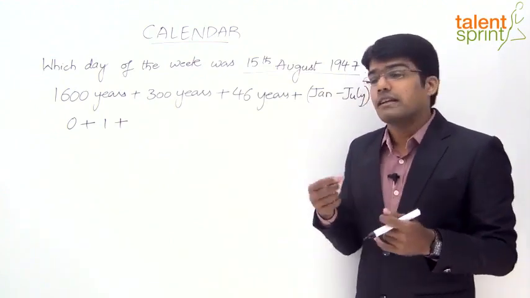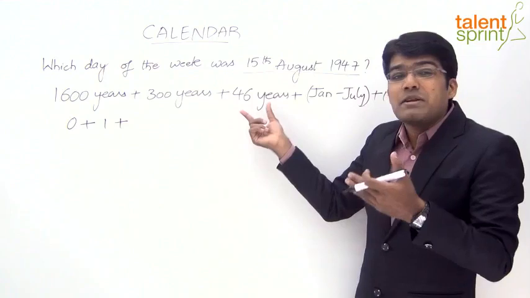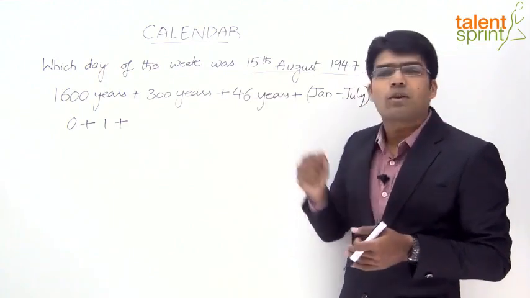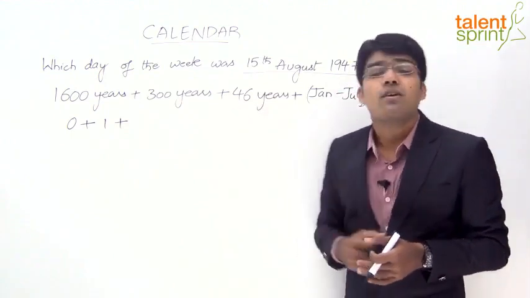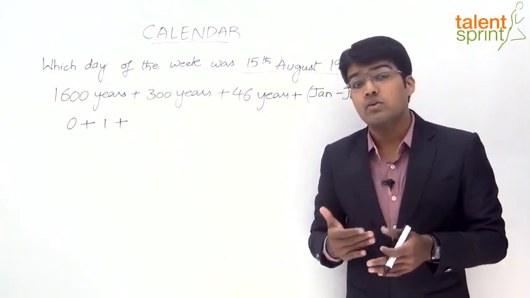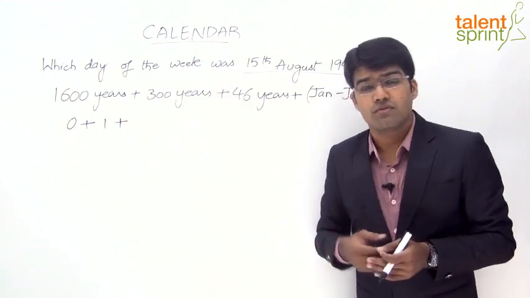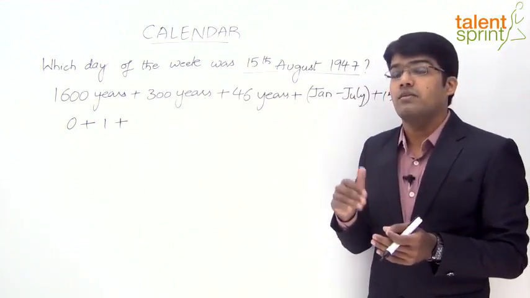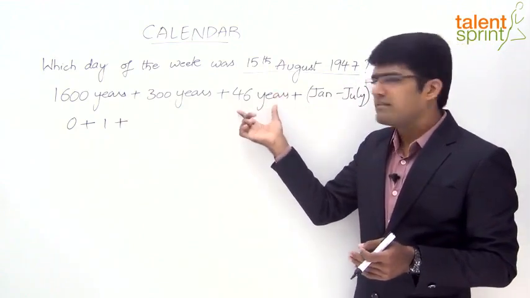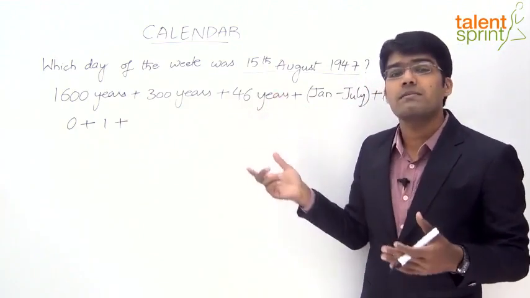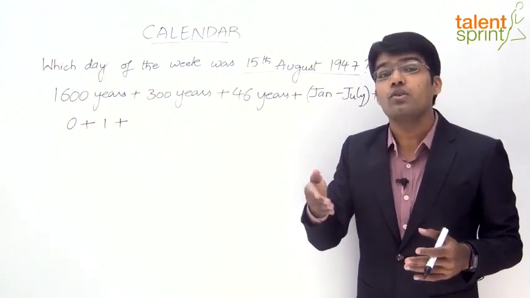So all we need to do here is understand how many multiples of 4 we have in these 46 years. How many exact multiples of 4 do we have in these 46 years? Now 4 into 11 is 44. 4 into 12 is 48. We cannot take 12 because 48 is more than 46, right? So less than or equal to 46, how many multiples are there? 4 into 11 is 44.